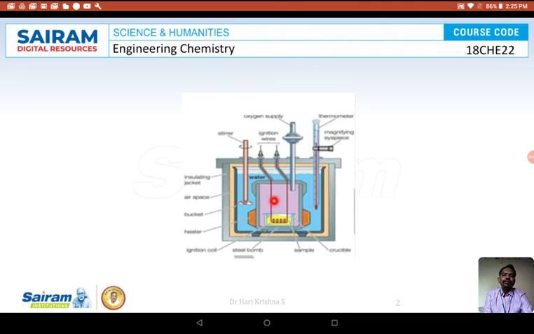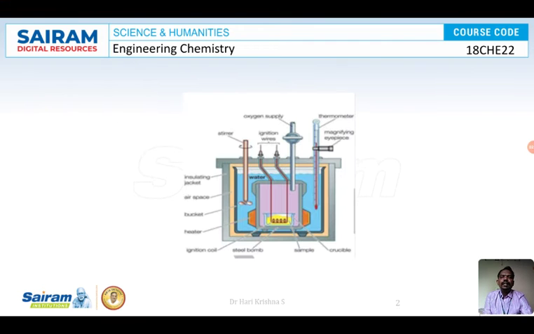This ceramic or platinum crucible will be kept in a stainless steel vessel, which is known as the bomb. The bomb is nothing but a sealed stainless steel vessel. This vessel is equipped with an electric ignition system.